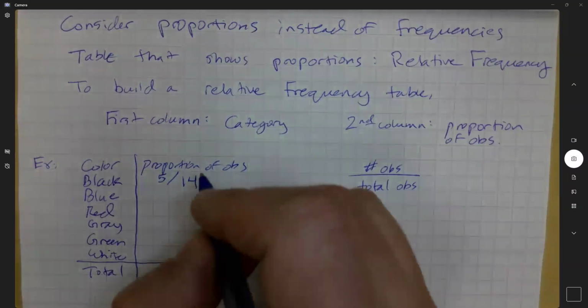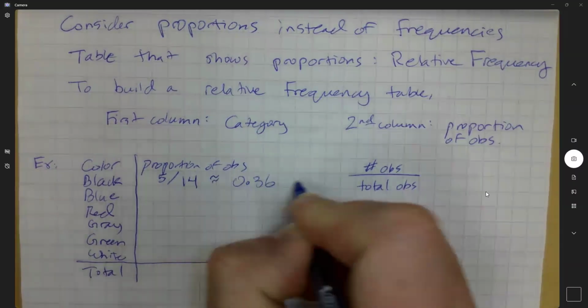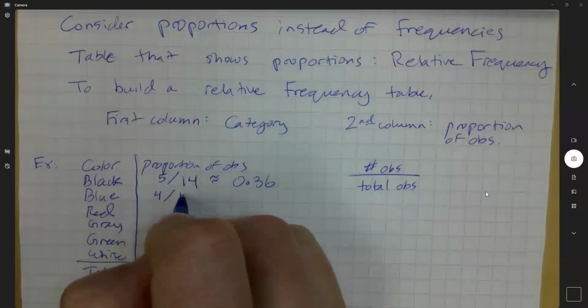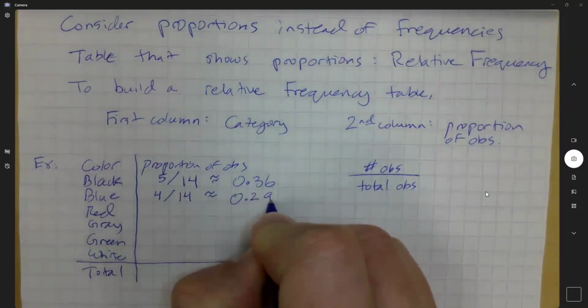Often we write them as decimals. So you can come over and you can calculate 5/14 is about 0.36. 4/14 for the blue is about 0.29.